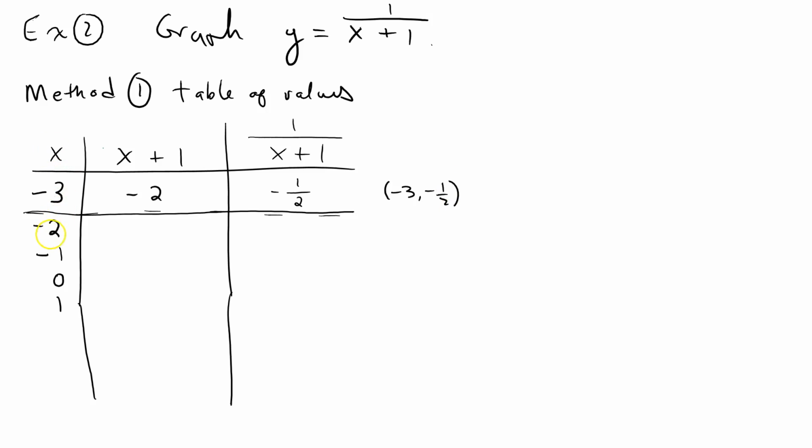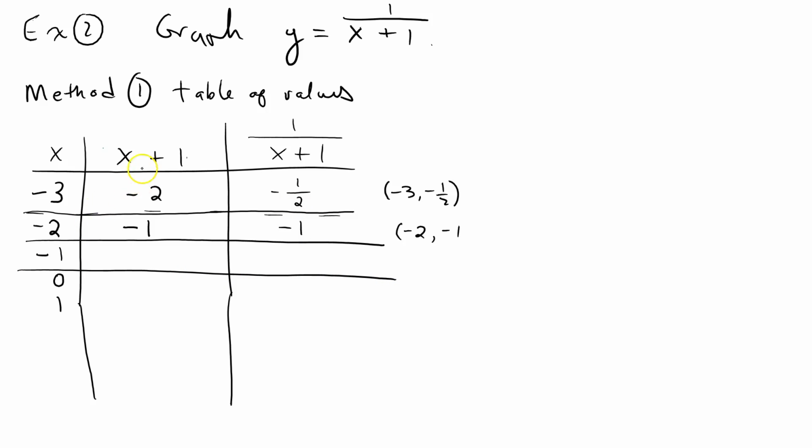If I say x is -2, x plus 1 is -1, because -2 plus 1 is -1. The reciprocal of -1 is simply -1. So the point on my rational graph is -2 from my x and -1 from my 1 over x plus 1.